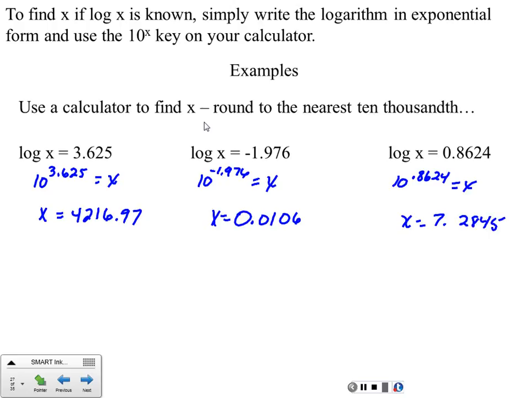Alright, so anybody need help with their calculator? Doing the inverse. Negative 1.976? Yeah, I got 94.62.